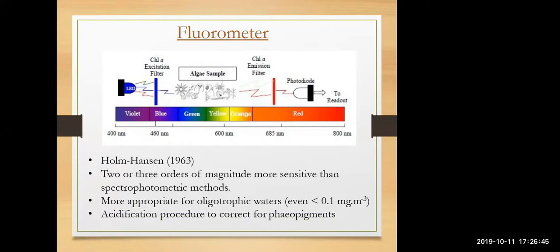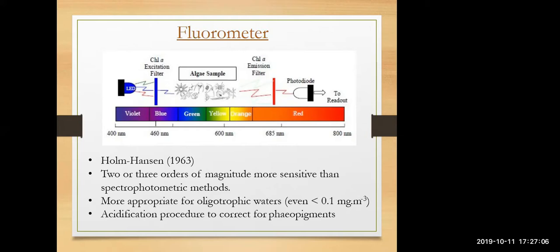The measurement of chlorophyll-a using a fluorometer was introduced by Hansen in 1963. It is 2 or 3 orders of magnitude more sensitive than spectrophotometric methods. For this reason, it is more appropriate for oligotrophic waters.